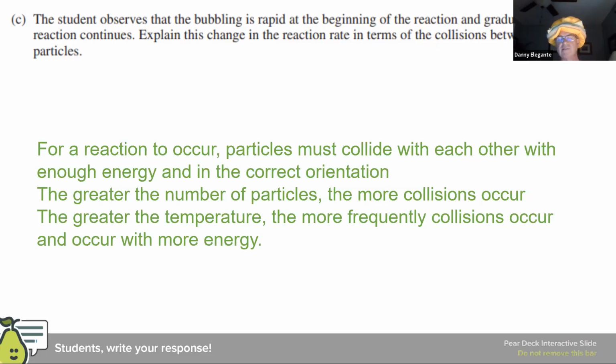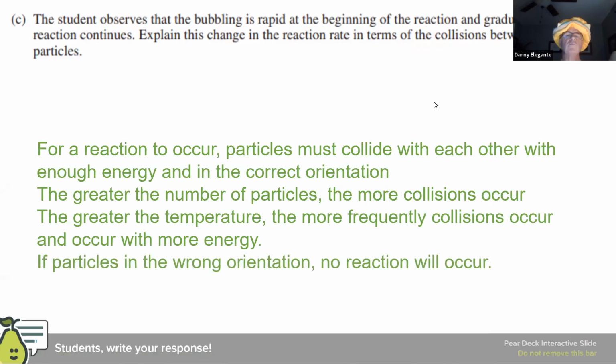And if they're going faster, you're going to get more frequent collisions, right? And they're also going to hit with more energy. So increasing the temperature, we can think about, oh yeah, when they hit with more energy, it might be enough energy to overcome the activation energy, right? So these are things we just know. If particles are in the wrong orientation, no reaction will occur.